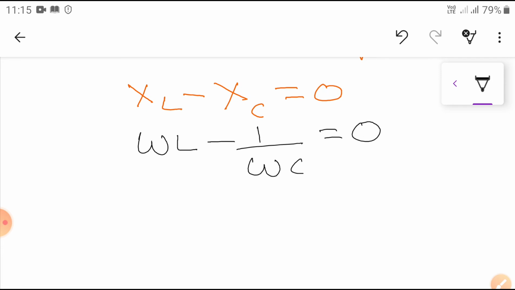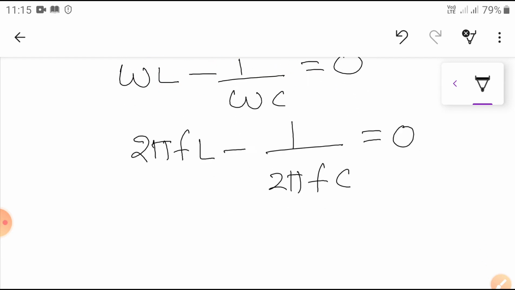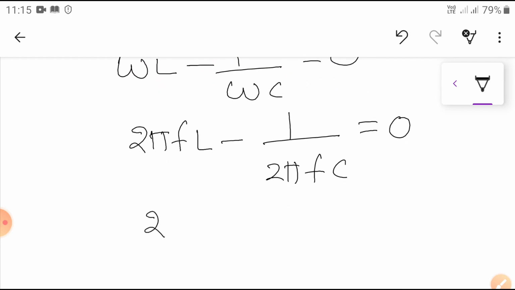Now this is 2 pi F L minus 1 by 2 pi F C equal to 0. So 2 pi F L is equal to 1 by 2 pi F C.